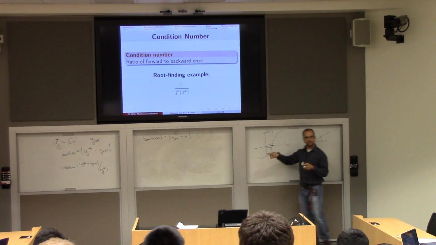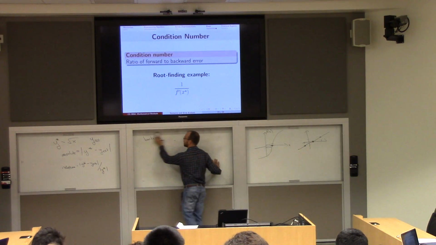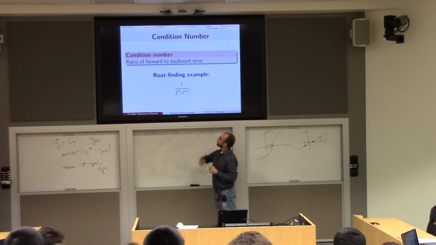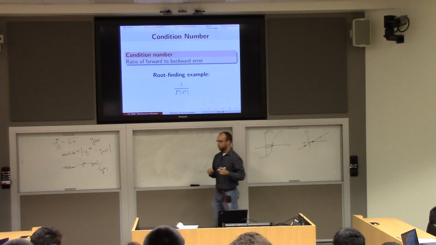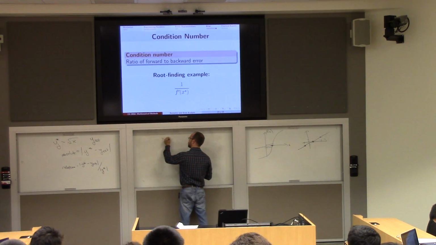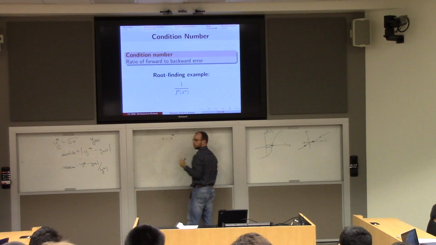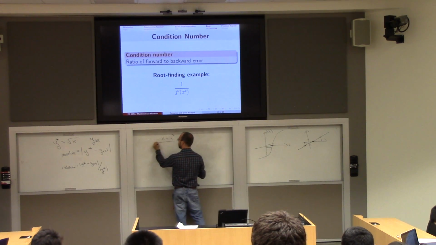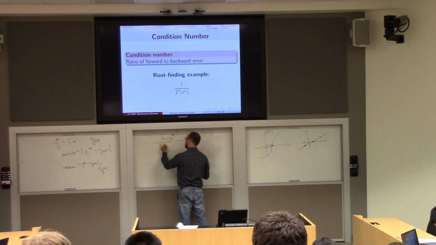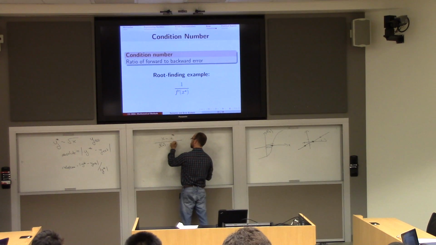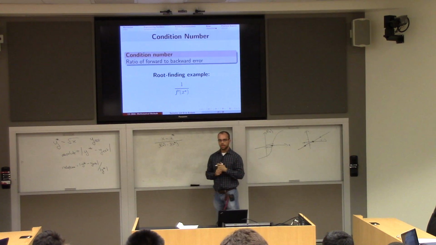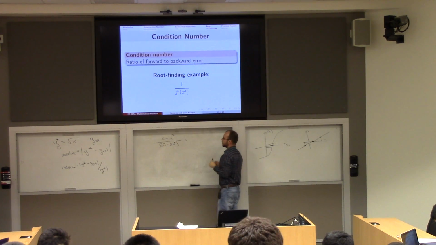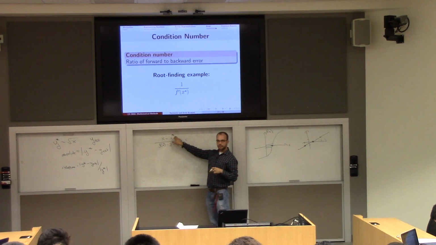And let's do that calculation really fast. Sorry, old man. So what is the forward error of root finding? Well, you can think of this as x minus x star, right? And what is the backward error? Well, it's f of x minus f of x star, right? So in fact, let's write this slightly differently. We'll say that x is equal to x star plus delta x, right?